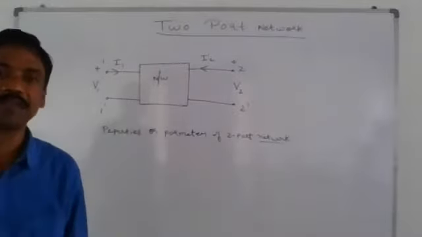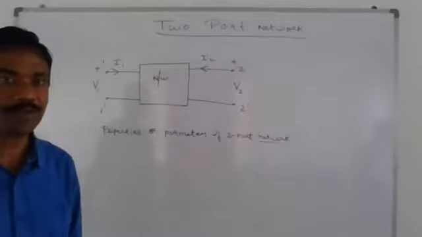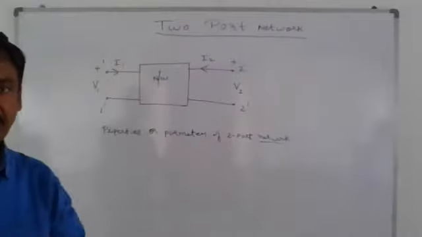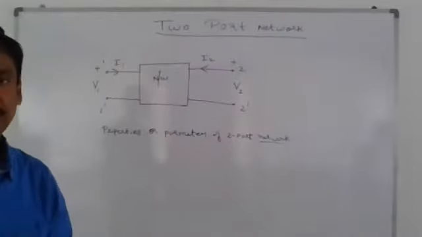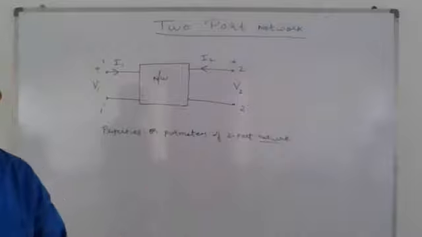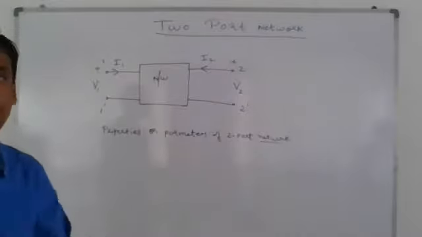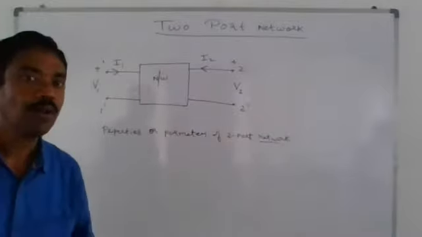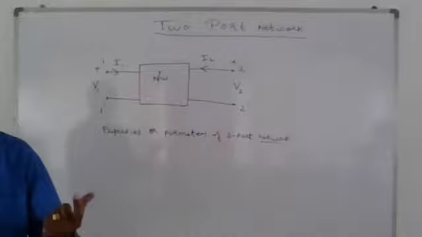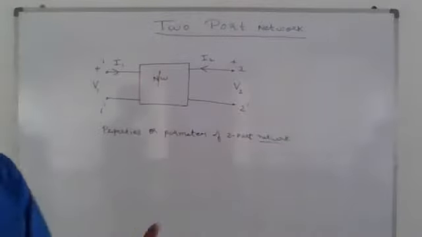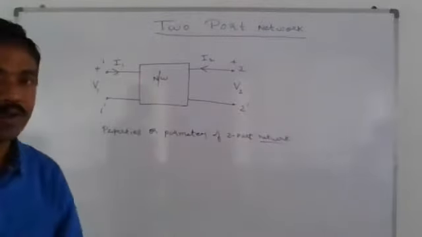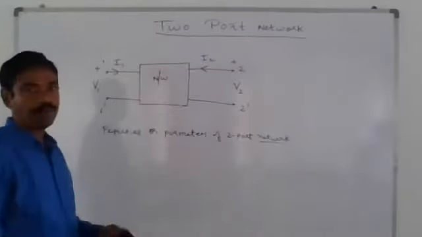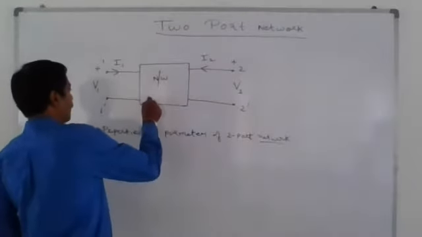Maybe 10 resistances, 100 resistances, any number of resistances inside this box. So by changing V1, I1 will change, I2 will change, and V2. But by how much amount, and what will be the change observed in I1, I2 and V2, this can be determined if I know the parameters of this box.